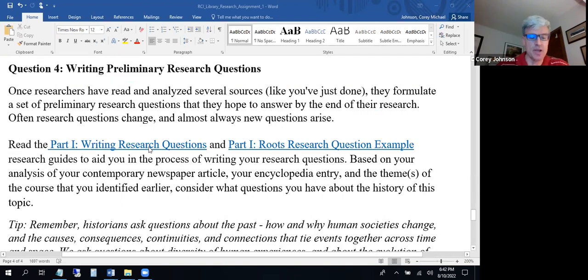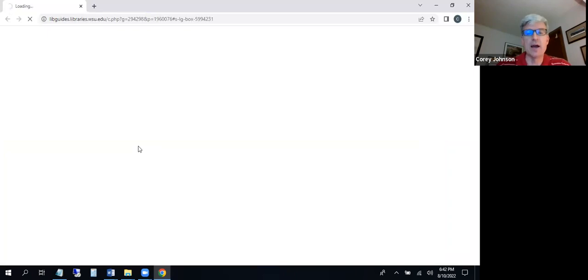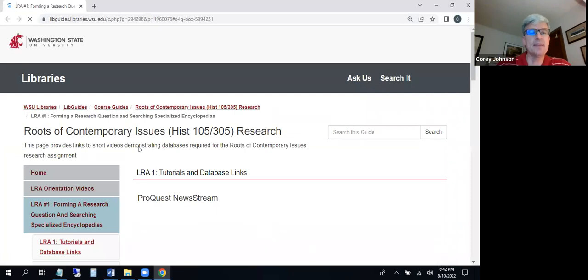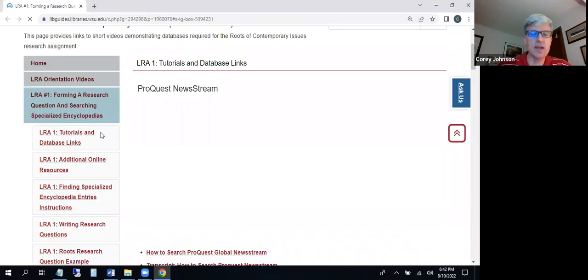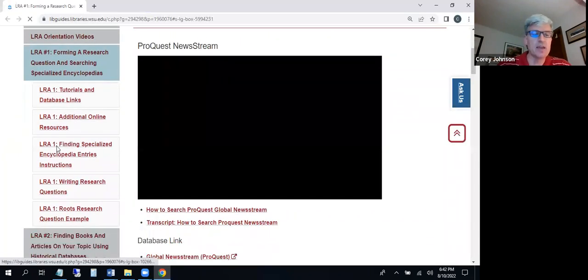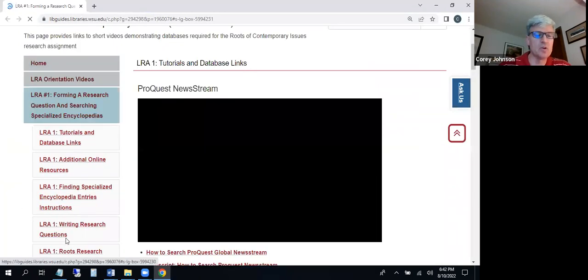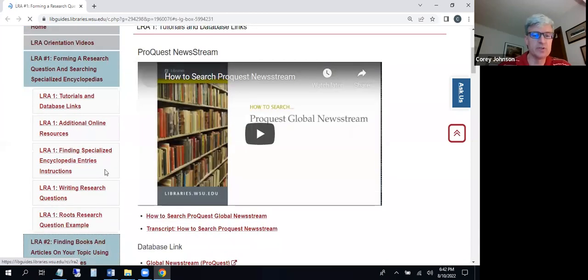So having said that, I'm going to go ahead and click again on this link to the library guide, which you've seen throughout many of these videos that I've produced. And as that comes up, I just want to remind you that each of the 4 LRAs, as you can see from the left-hand navigation bar where I'm mousing over, has a number of different tutorial materials that you can look at to help you with that particular LRA.